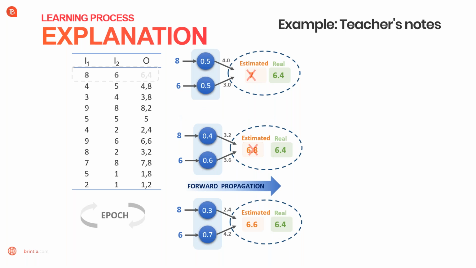Backpropagation, the estimated cost is not the real one. This method is applied a lot of times. This number of times is called epochs.